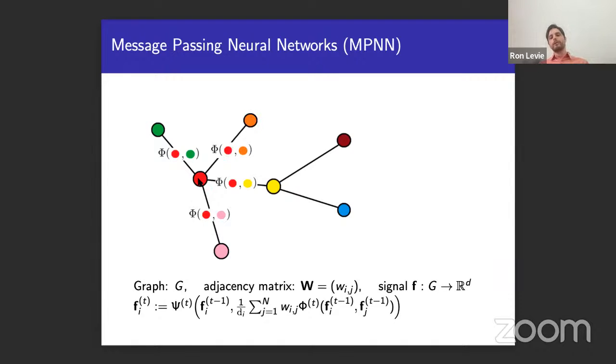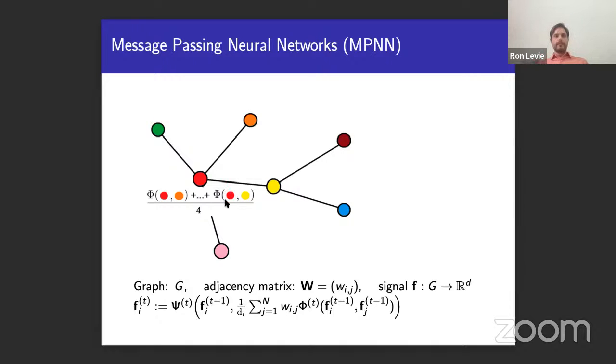So the central node looks at all of the messages and then needs to combine them or aggregate them. Typical choices of aggregation are average aggregation, sum aggregation, or max aggregation, as long as it is an operator that is invariant to permutations, because the edges don't have a natural ordering.